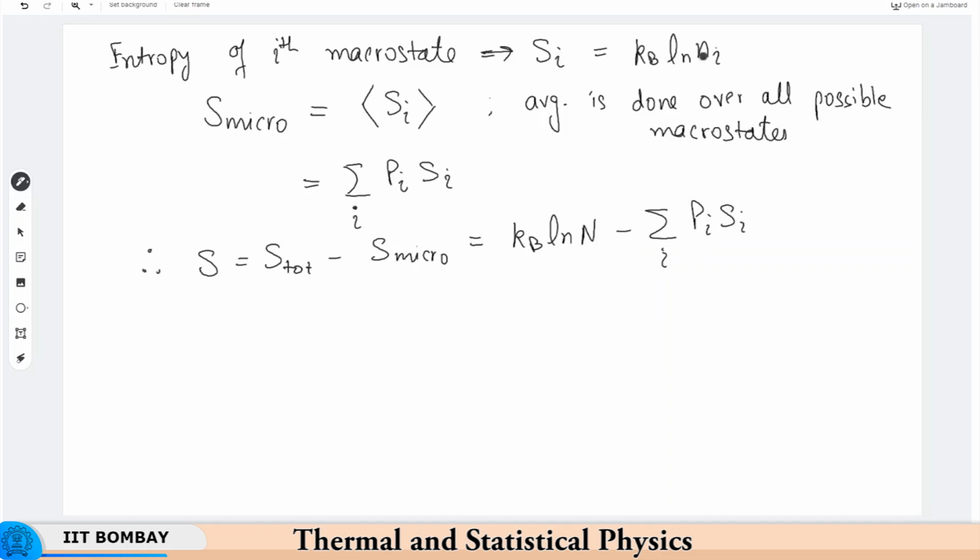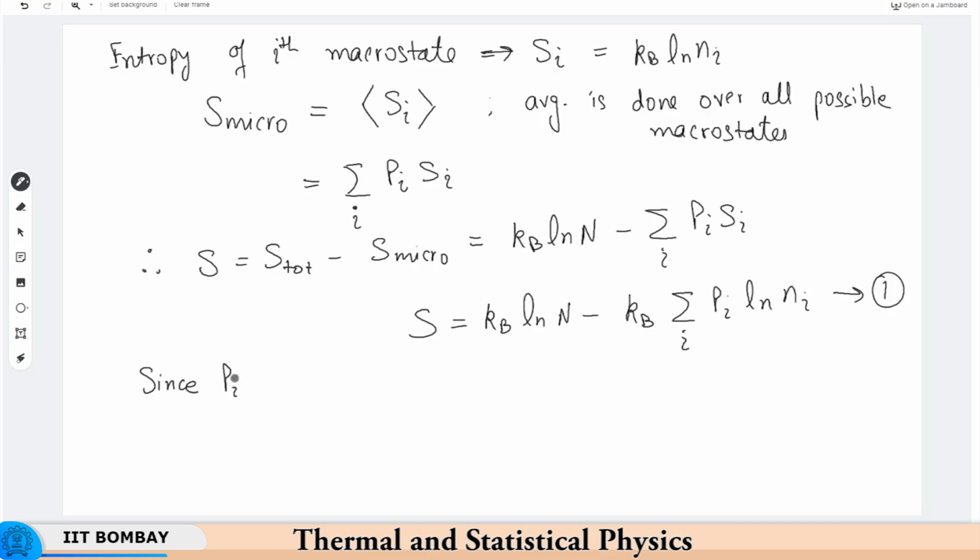And what is Si? This is Kb times log Ni. So, S is Kb times log n minus Kb times summation over i of Pi log of small ni. Let us call this equation number 1, and this S is the entropy contribution due to these macrostates.